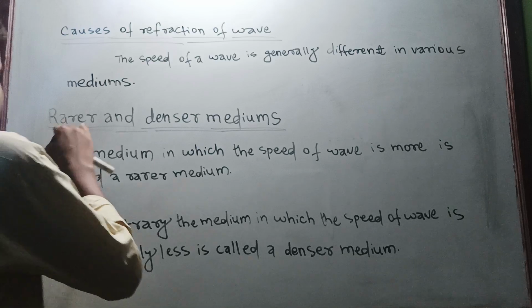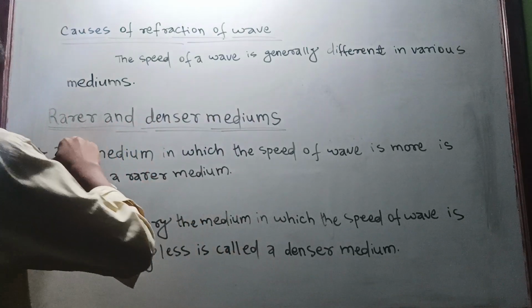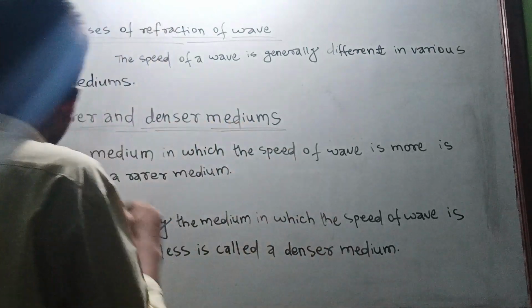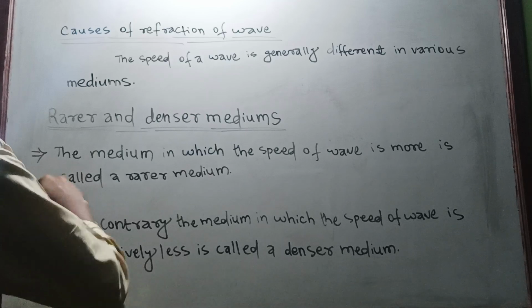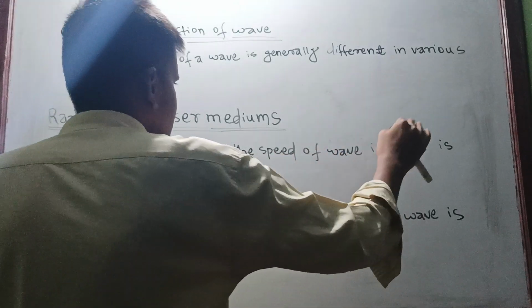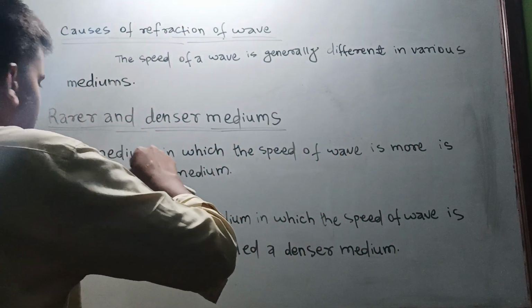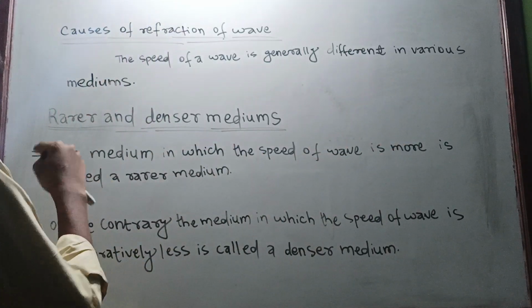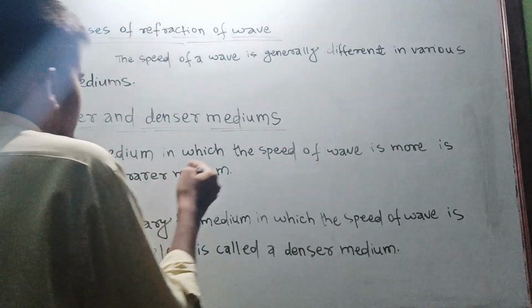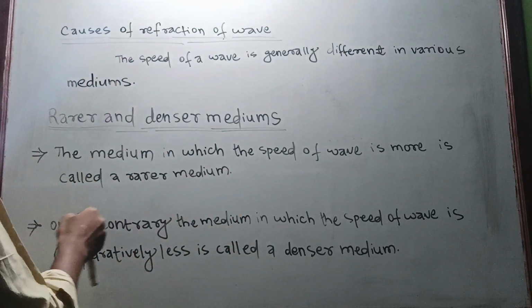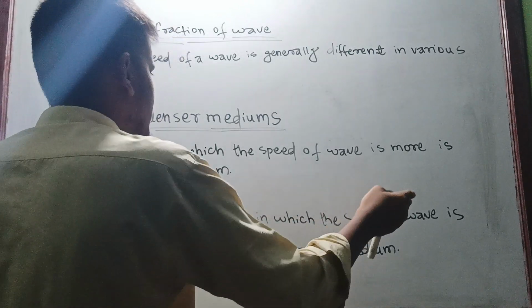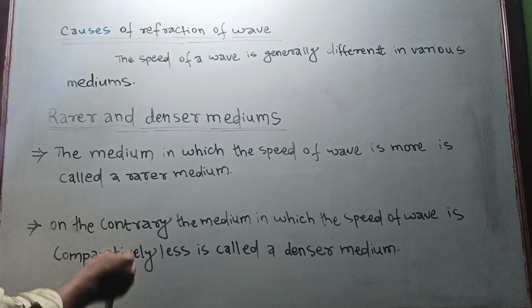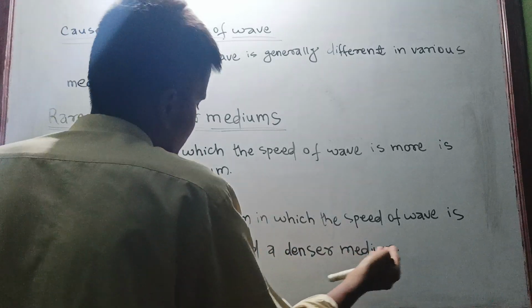Now, rarer and denser mediums. The definition I have simply written: the medium in which the speed of a wave is more is called a rarer medium. On the contrary, the medium in which the speed of a wave is comparatively less is called a denser medium.